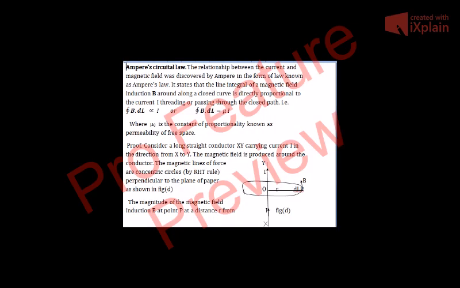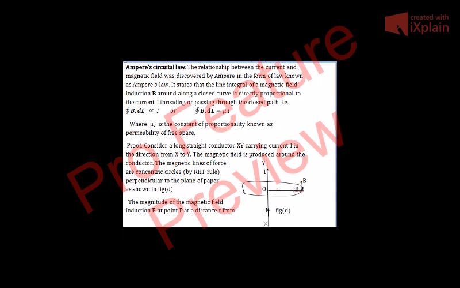The relation between the current and magnetic field was first discovered by Ampere in the form of a law known as Ampere's law. It states that the line integral of a magnetic field induction B along a closed curve is directly proportional to the current I threading through the closed path.